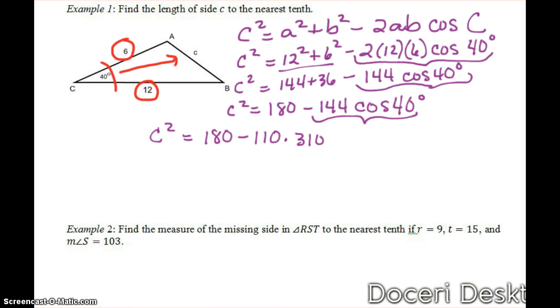The more places you go out, the closer your answer will be to the exact answer. So that's c squared then equals 180 minus 110.3104 is 69.6896, and then I want c, not c squared, so I'm going to take the square root.